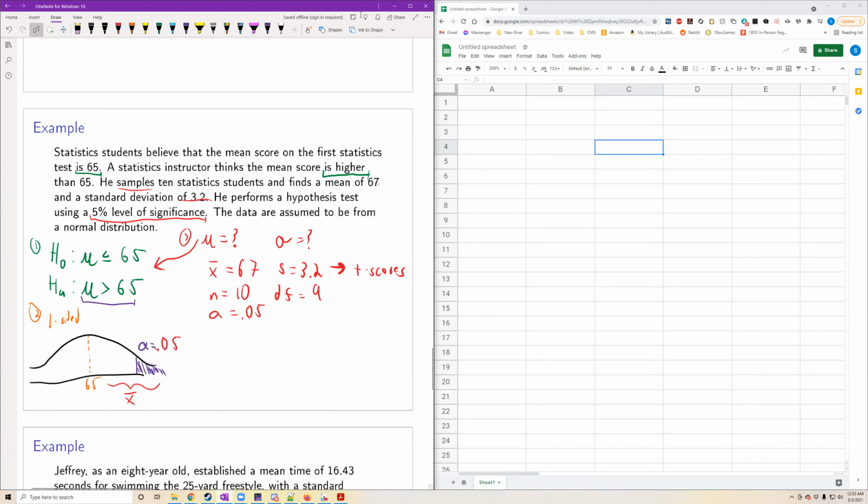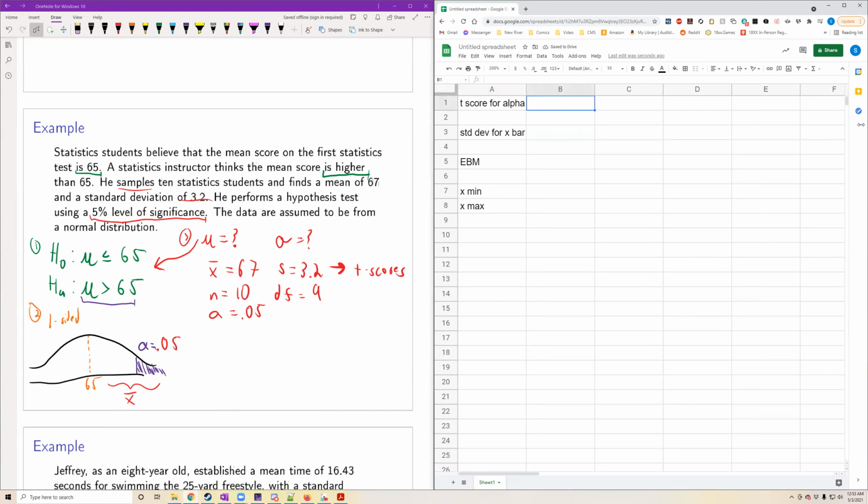Now, moving over to Google Sheets, we need to find a standard deviation. Actually, let's start with the t-score for alpha. Then we'll need a standard deviation for x bar. We will then find an EBM, x min, and x max.